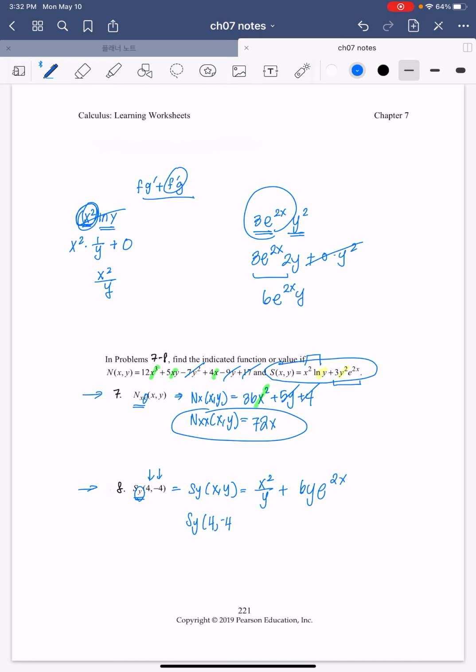4 comma negative 4. X will be 4, so 4 squared here. Y will be negative 4. 6 times negative 4. E raised to 2 times negative 4, 2 times positive 4.